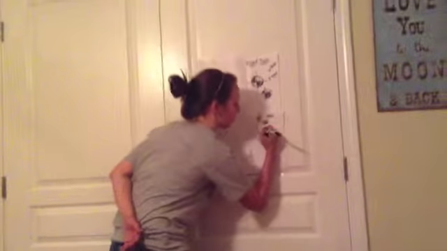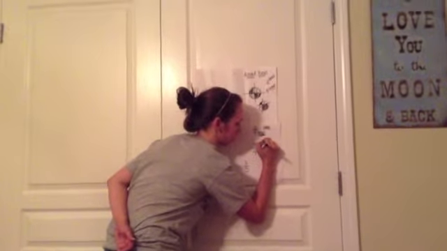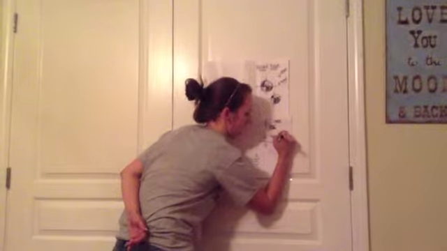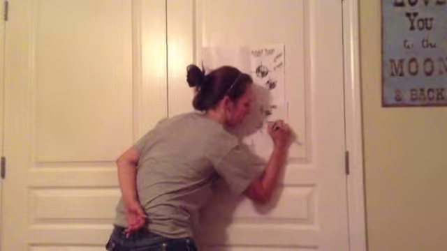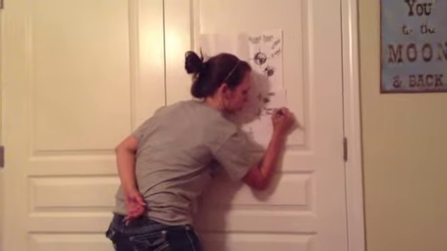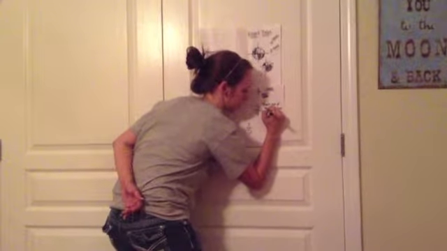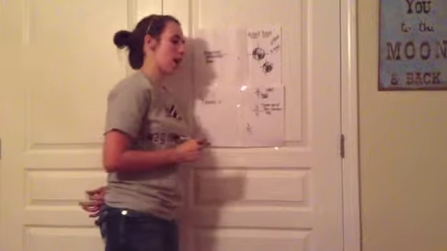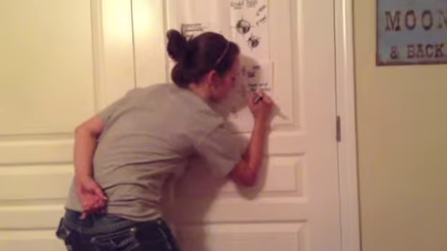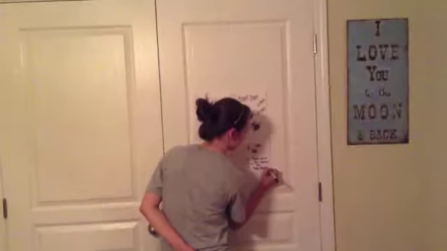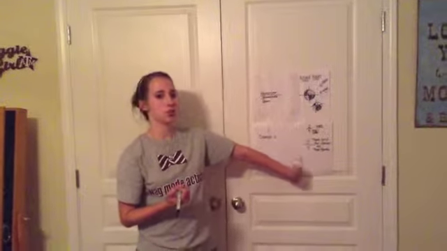So I have 3 out of 4 crackers left. That's one way of writing it. And I can also say I have 3/4. Okay, the next fraction we have is 3/5.